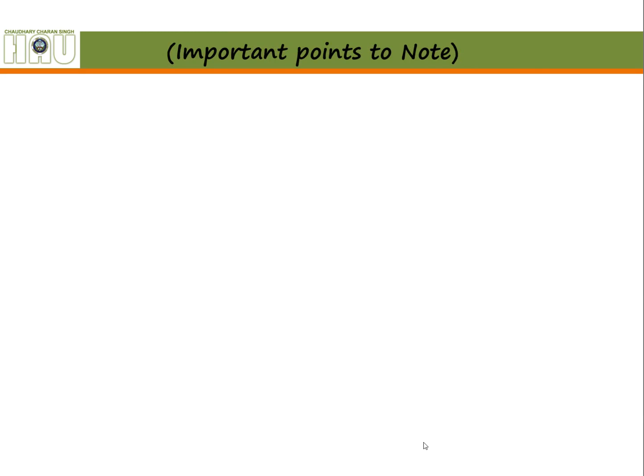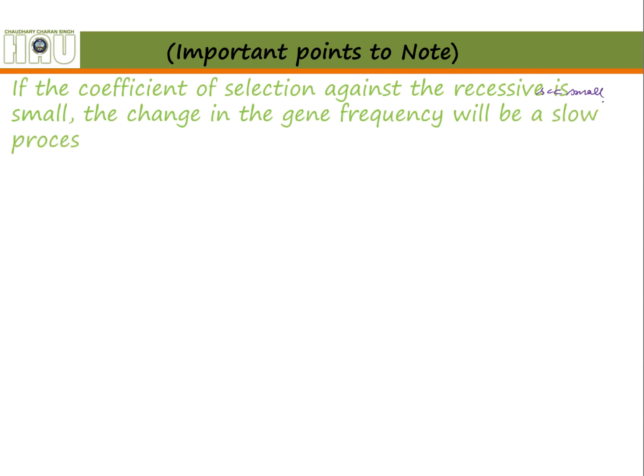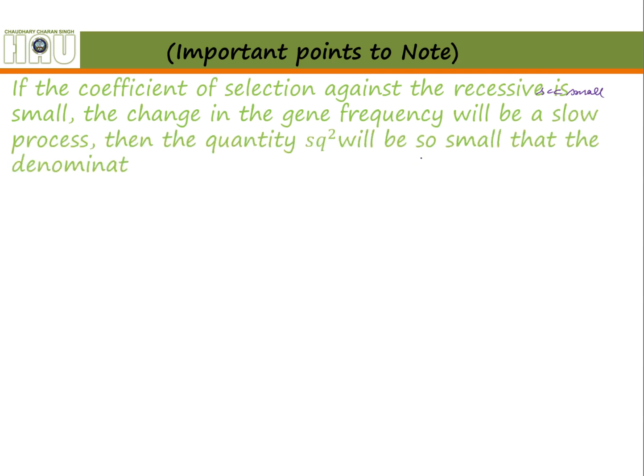So here we have to note certain points. If the coefficient of selection against the recessive is small, that is, if S is very small, then the change in gene frequency will be a slow process.